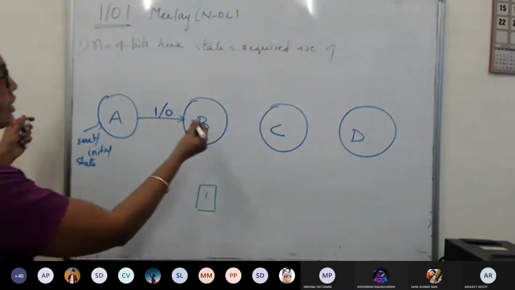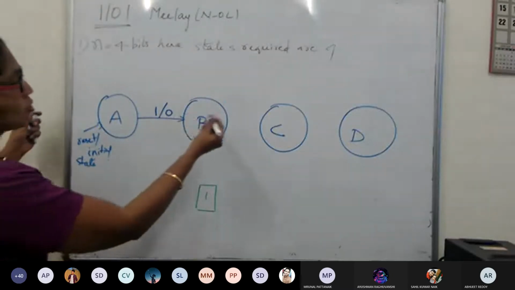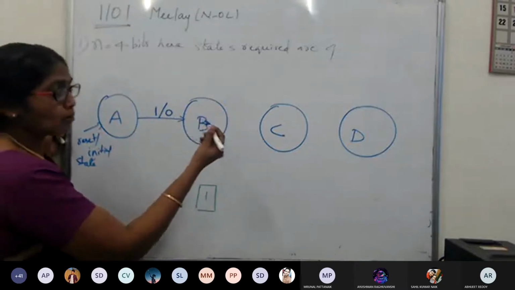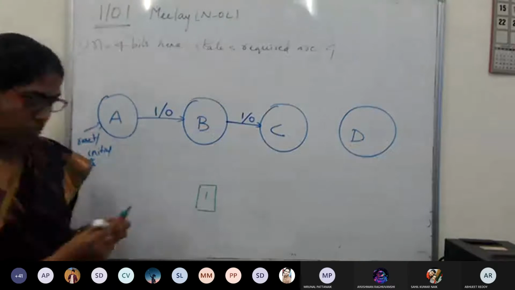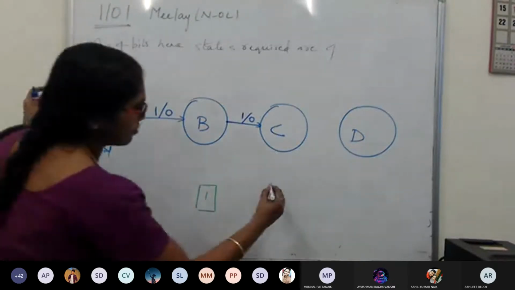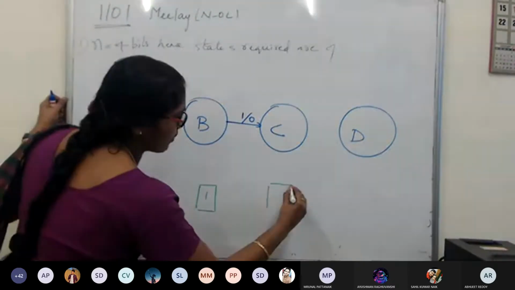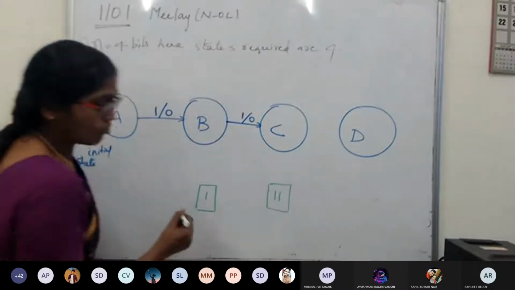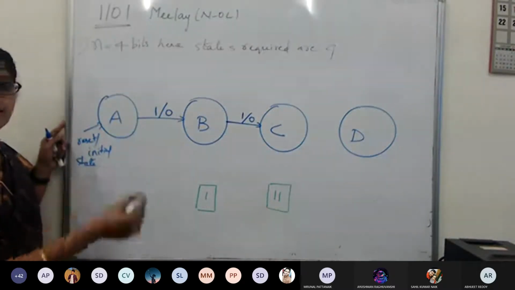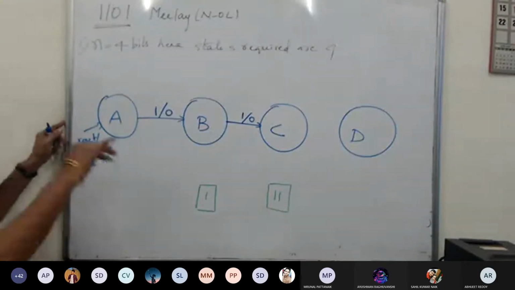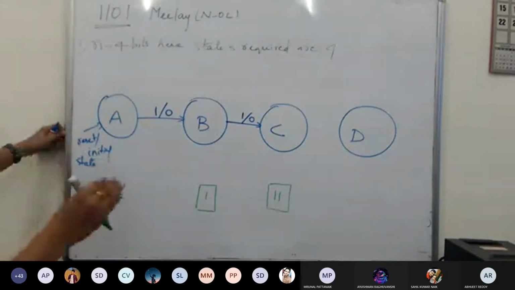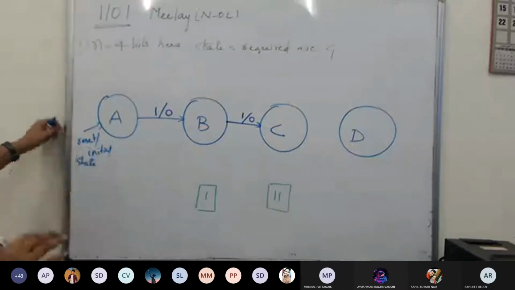From B to C it will go if 1 comes, again with the output 0. This particular box is the state box, for our explanation or for your information. It's not necessary, it's not a part of the work, just to understand in between.